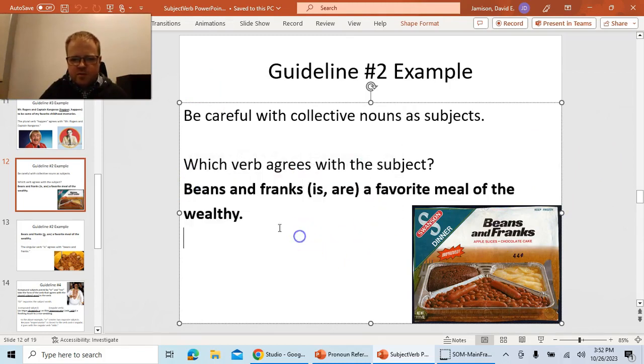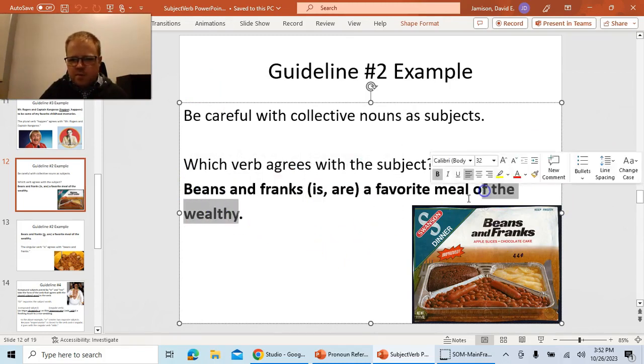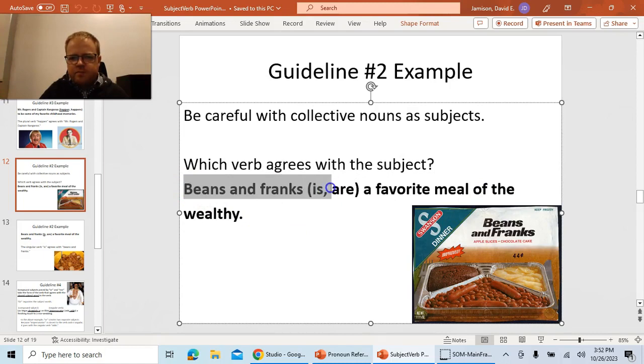That's not true. The Franks and beans is a struggle meal. But you heard it just how I said it right then. Franks and beans on their own are plural. Multiple Franks, multiple beans. But together, they are a dish that is singular. And so you would use is.